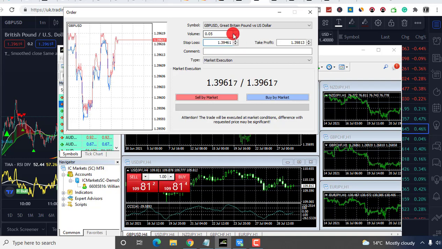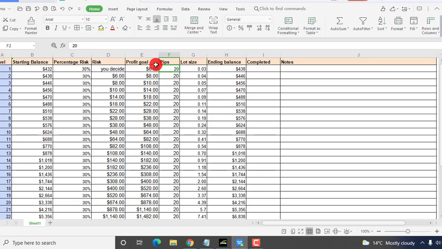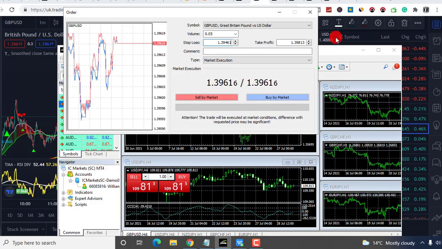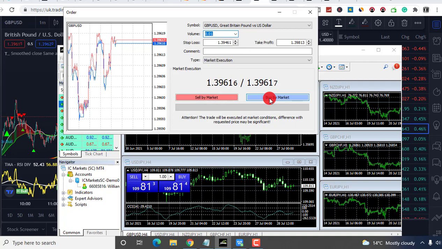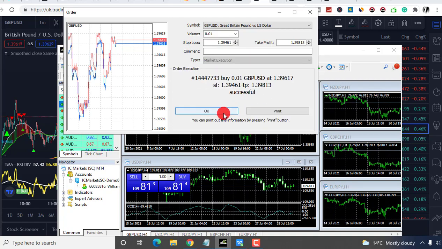And then again, remember the lot size, because that's per trade. So per trade you're gonna risk 3% obviously in this case, like 0.03. What I'm gonna do, because I'm having two or three pairs, I'm gonna just do one, and I'm gonna buy, and that's it. Now we'll see what will happen.